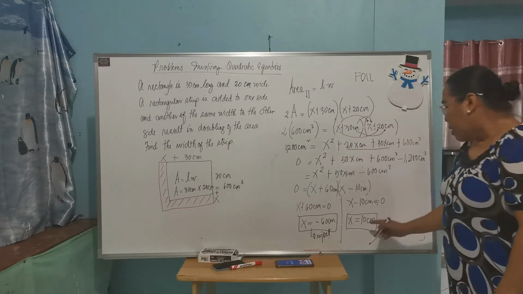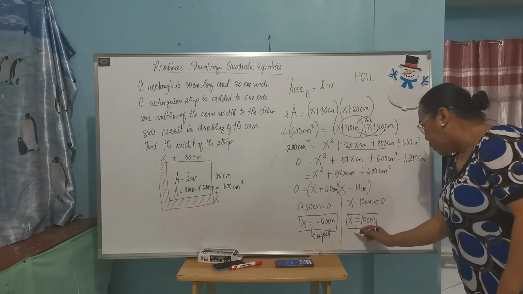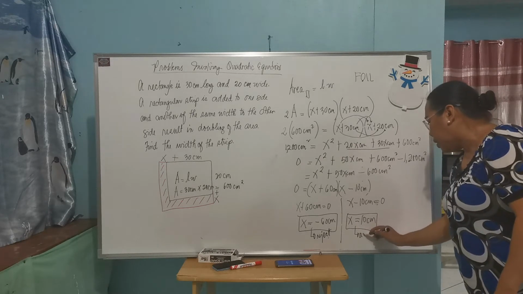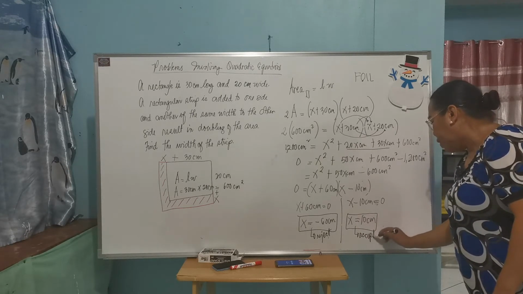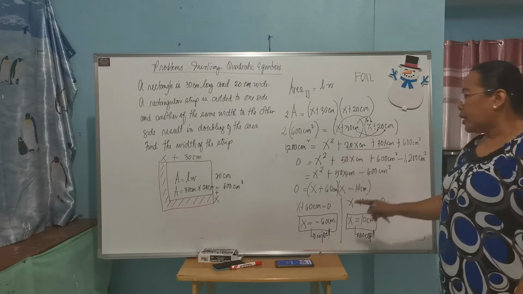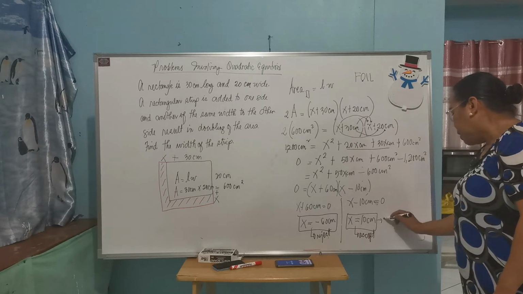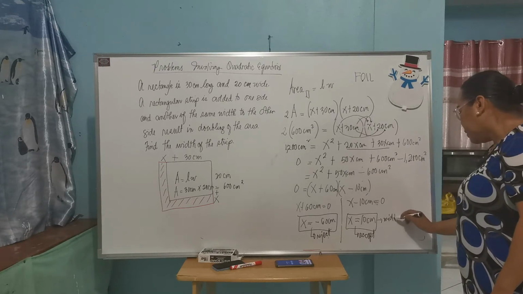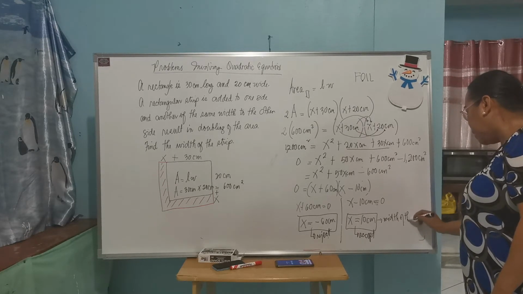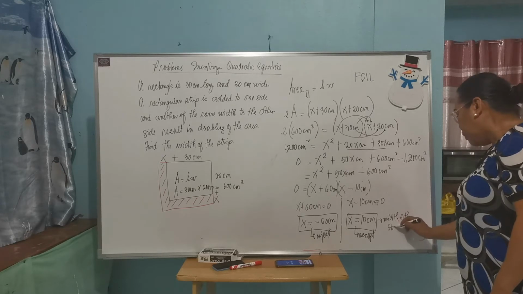Okay? And how about the value of x that is positive? This is the one that we are going to accept. Therefore, what is our x a while ago? x now is equal to the width of our strip that we are looking for.